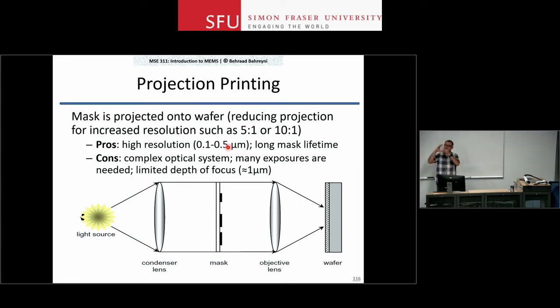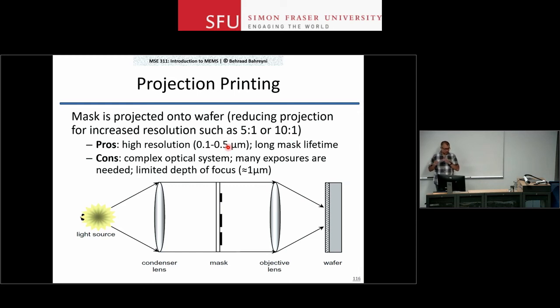Now you have to expose one corner of the wafer, then move to the next area next to it, then next to it, then next to it. You have to step through these different segments on your wafer. These systems are actually called steppers. So it's a projection system, but it is stepping the wafer underneath the UV light source. And you will see that in your video.